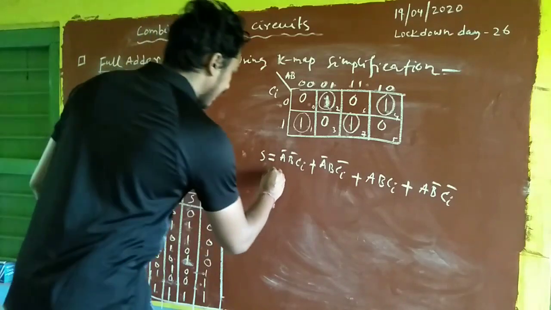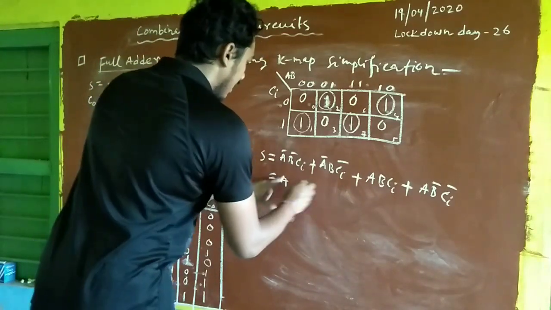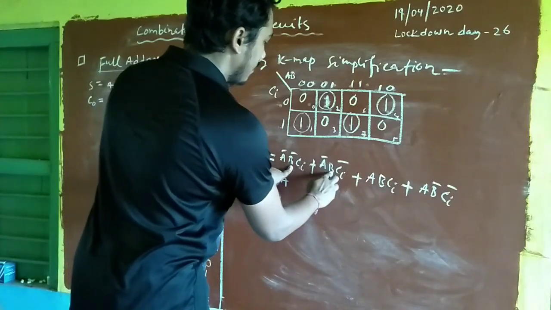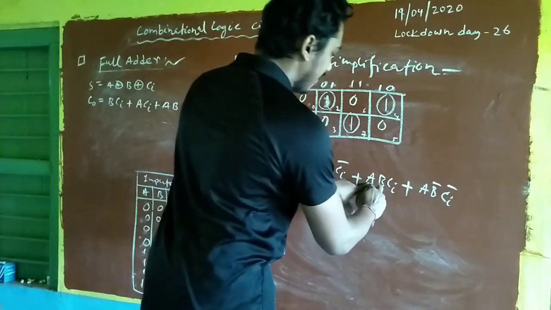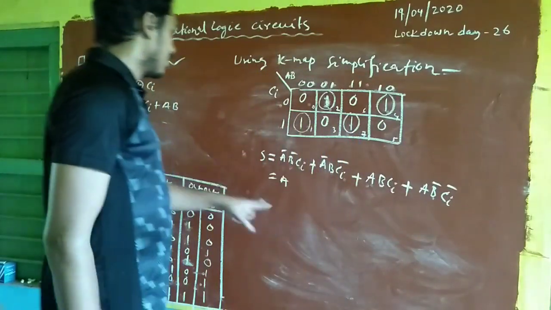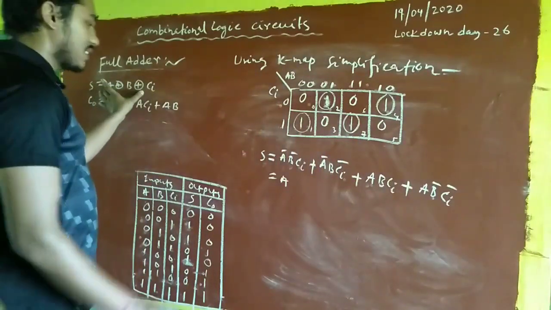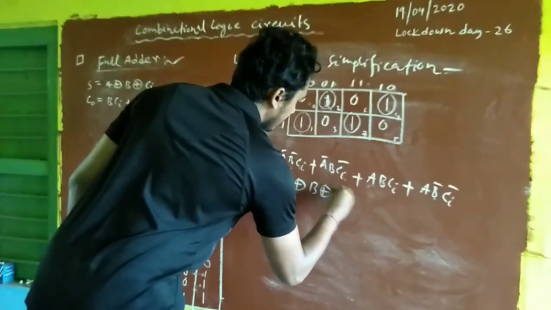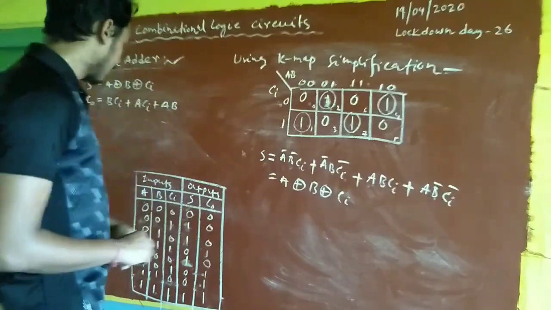From here, if you take A bar common, we get B bar Ci and B Ci bar, and if you take A common, we get B Ci plus B bar Ci bar. So finally we get the same expression, that is A XOR B XOR Ci.